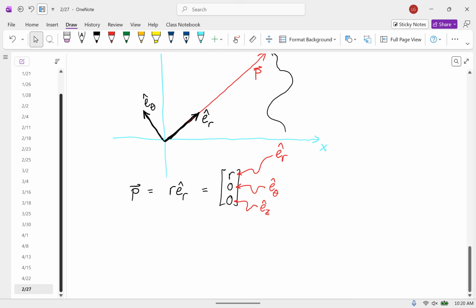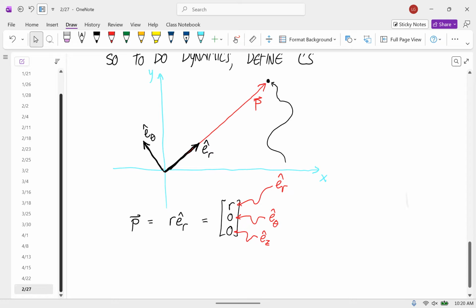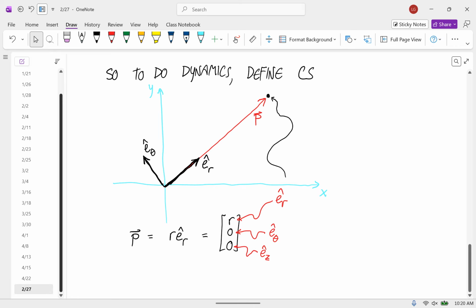And then, well, polar coordinates have an r and a theta, right? With this way of defining the coordinate system, theta didn't come up anywhere. So where does theta come into this? Well, theta is this guy, going from our reference axis to here is theta.